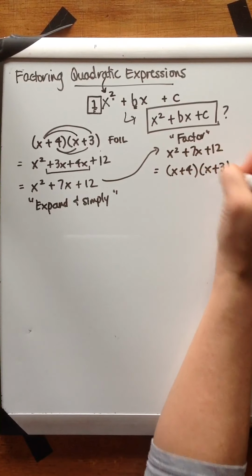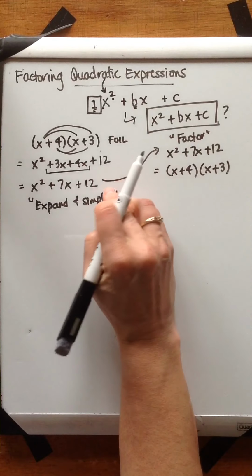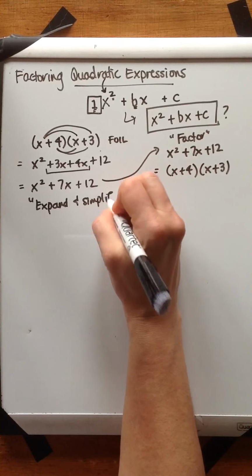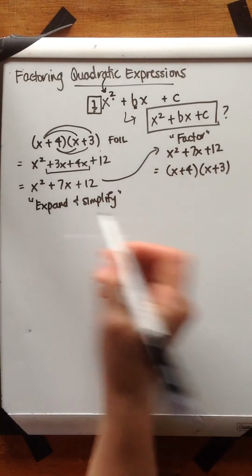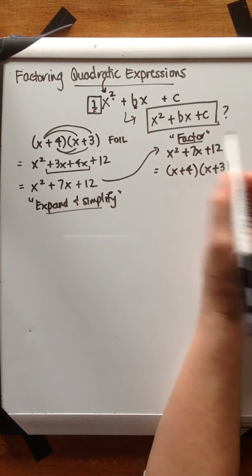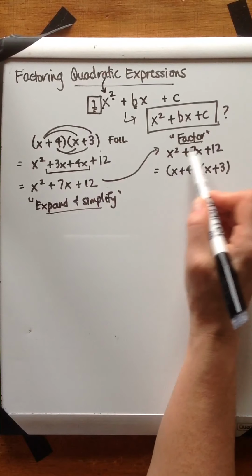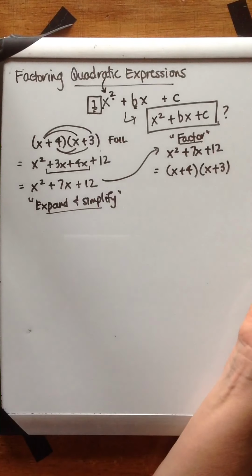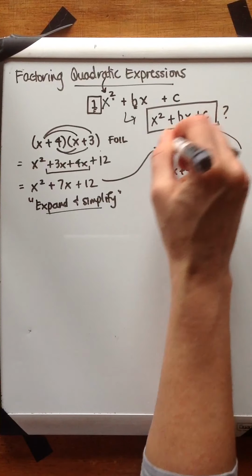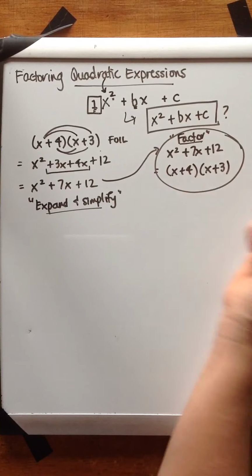So we can see then that expand and simplify and factor are just opposite processes. One gets you to the quadratic expression, the other one starts with the quadratic expression and goes back to the binomial form. Okay. So then the question today becomes, how do we do this? How do we go from here to here? So we need a strategy.